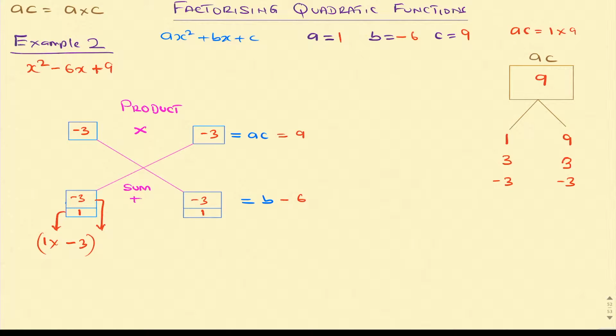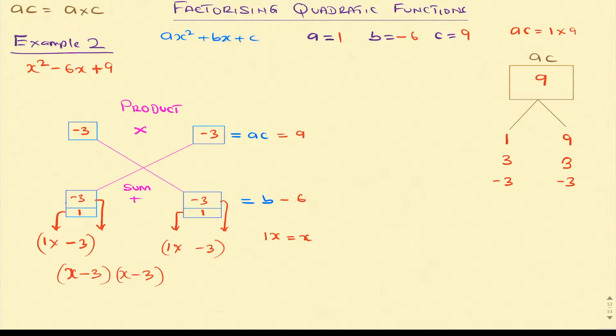And for the right hand side, the bottom box, the denominator is 1x, and the top box, the numerator is minus 3. So that's our second factor. But remember, 1x is x. Therefore, our factors are 1x minus 3, 1x minus 3.